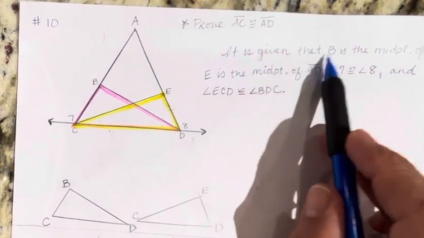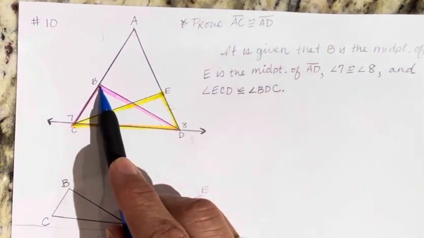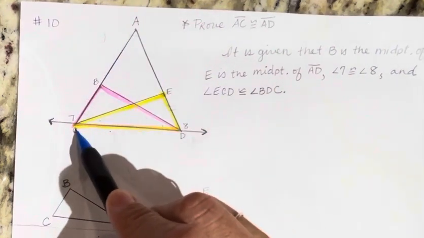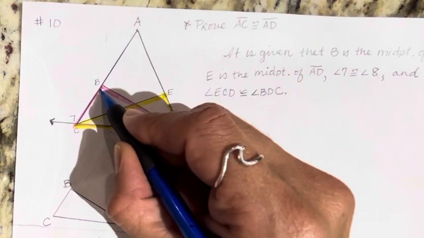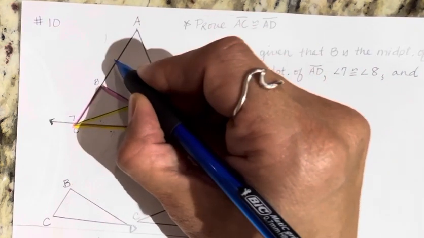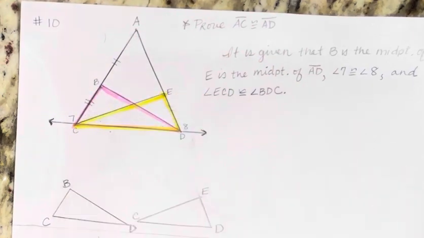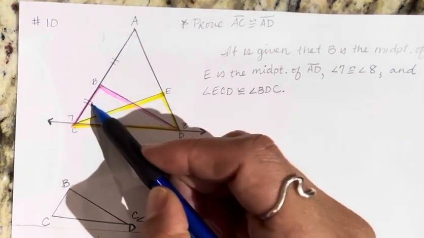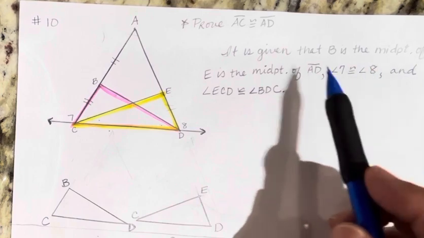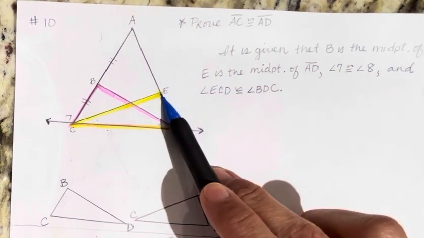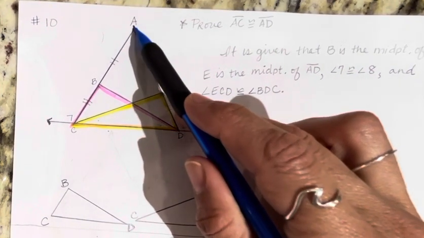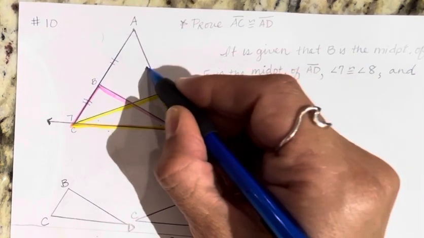It says it is given that B is the midpoint of AC. Well, we know if B is the midpoint of AC, that it cuts the segment AC in two congruent parts. So I'm going to go ahead and place tick marks there. Also, E is the midpoint of the segment AD. So I'm going to put tick marks here.